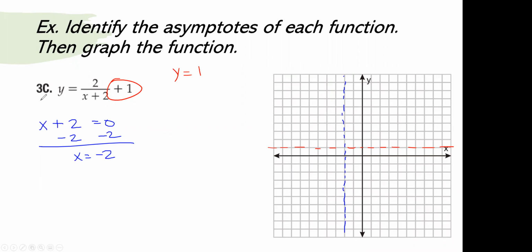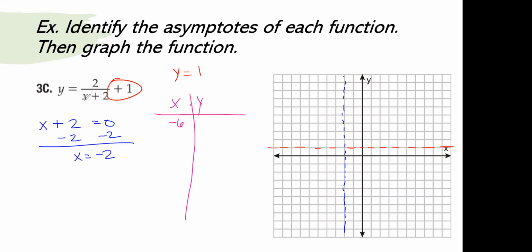Okay, so now I need to figure out where my points are going to be, or get a better understanding of what my graph is going to look like. So I'm going to plug in values for x to solve for y. Let's try negative 6.